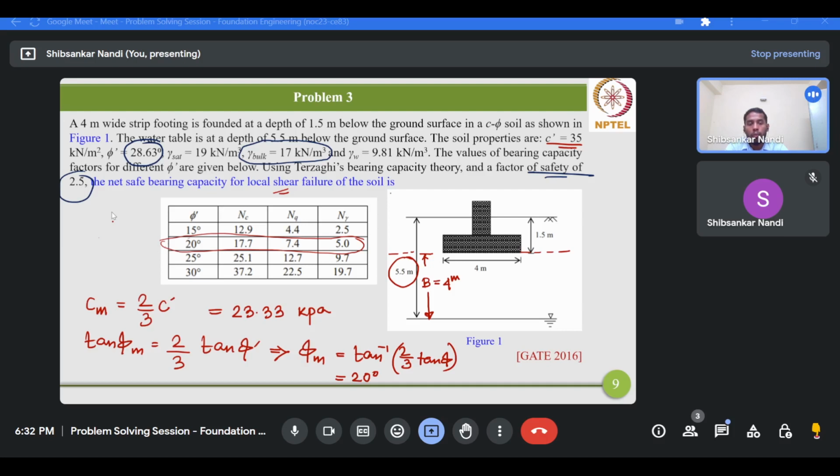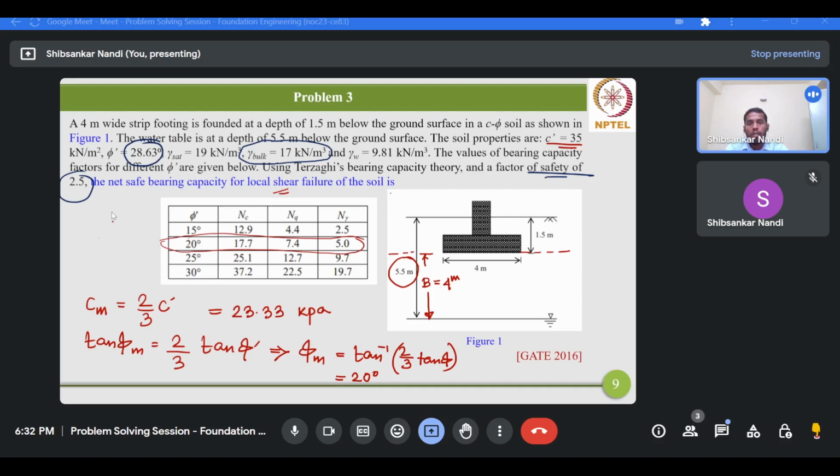Okay, so for cohesionless deposit you can decide the mode of failure based on the relative density or the angle of internal friction values. Okay, so if it is less than 29, it will be local. If it is greater than 36, it will be general.